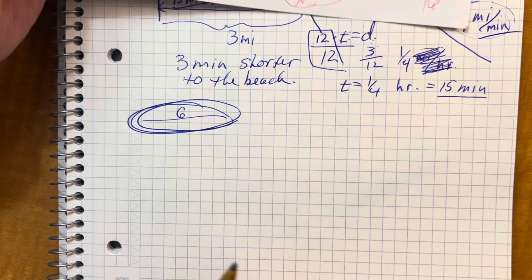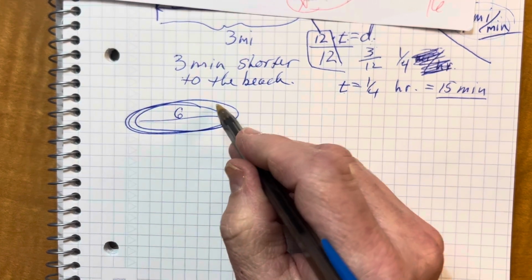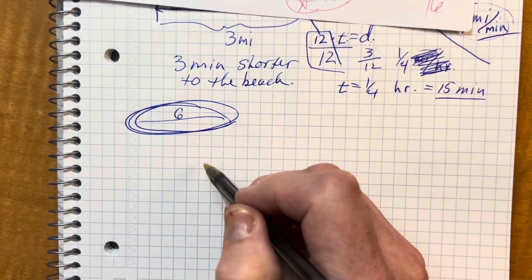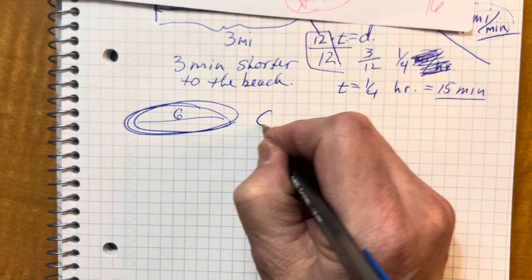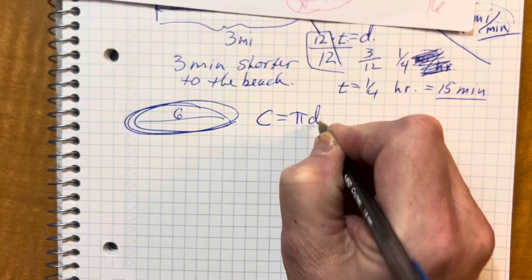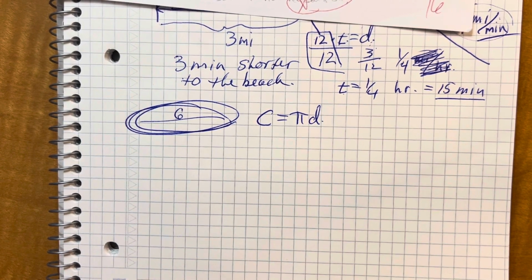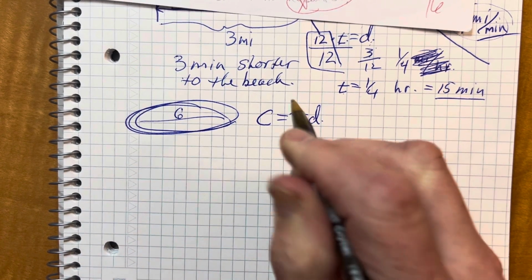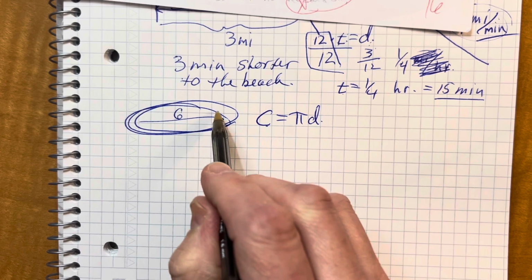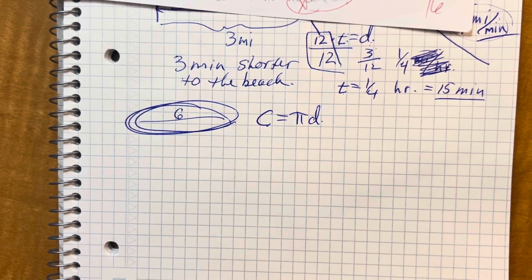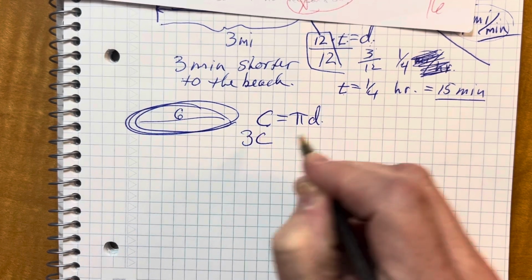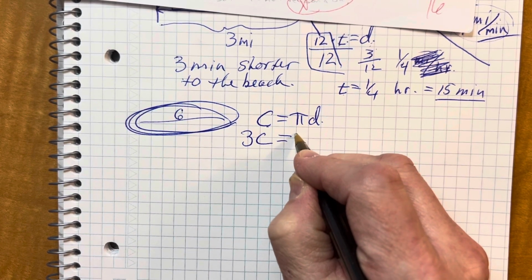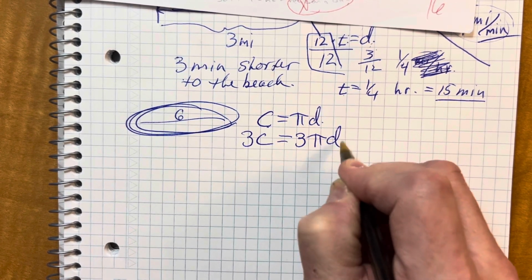Is this estimate reasonable? Well, if I'm talking about circumference, okay, circles, circumference, this should be circumference is pi times diameter. Very straightforward. But here's the thing. The circumference is measured 3 times around in that circle. 3 times around. So I have 3 circumferences equals 3 times pi times diameter.